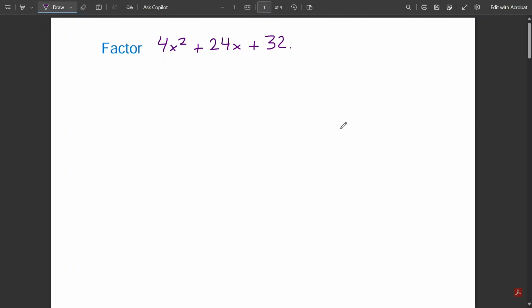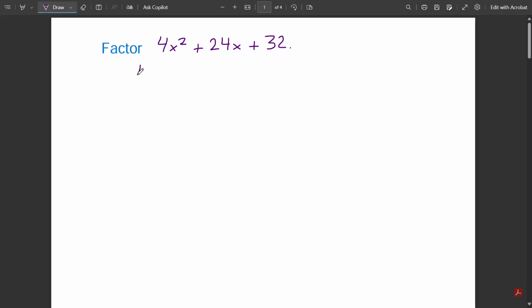We're factoring 4x squared plus 24x plus 32. One thing I noticed about 4x squared, 24x, and 32 is that they have a common factor of 4. That's the greatest common factor that I can divide out of each.